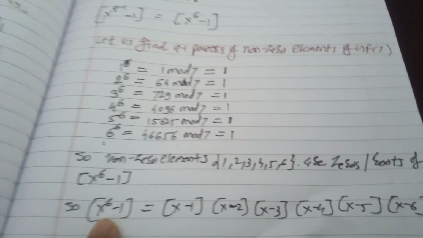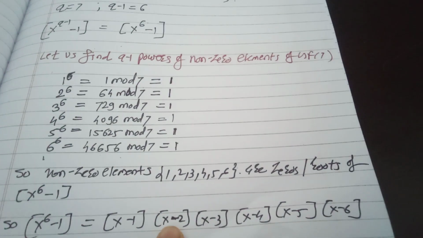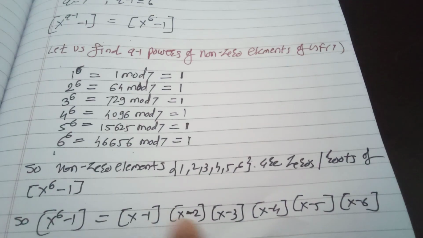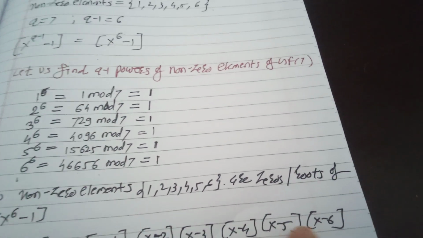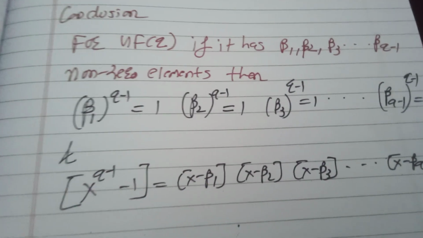And we have also seen here that x raised to 6, that means x raised to q minus 1 minus 1, is equal to (x minus beta 1)(x minus beta 2)(x minus beta 3)(x minus beta 4)(x minus beta 5)(x minus beta 6). So this is a very important conclusion.